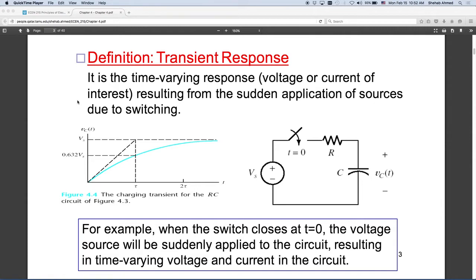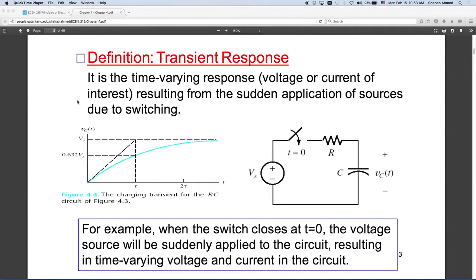So the capacitor current was equal to what? C dVc by dt. The capacitor current was equal to the capacitance multiplied by the time variation of voltage across the capacitance. And the inductor voltage was the same: VL was equal to L dI by dt, the time variation of current through the inductor, right?